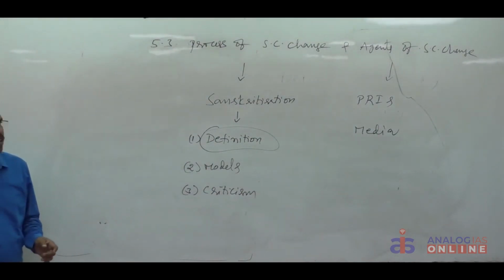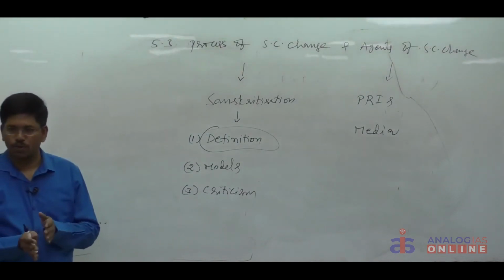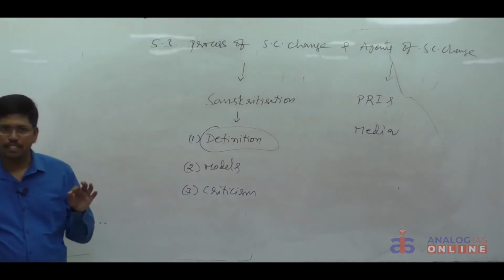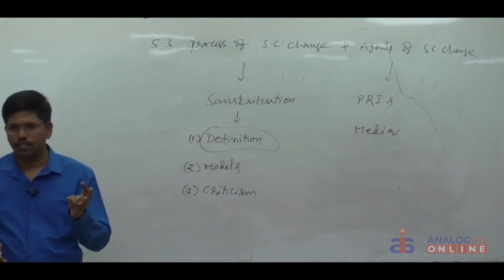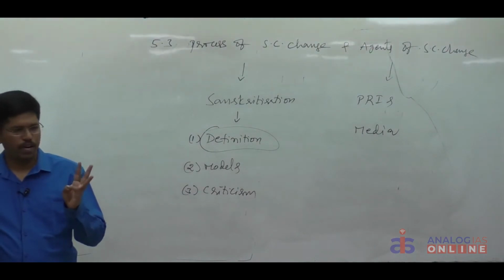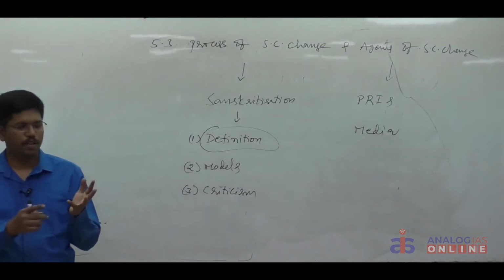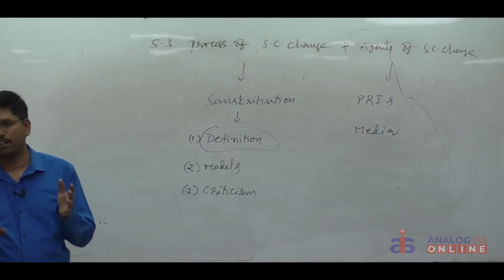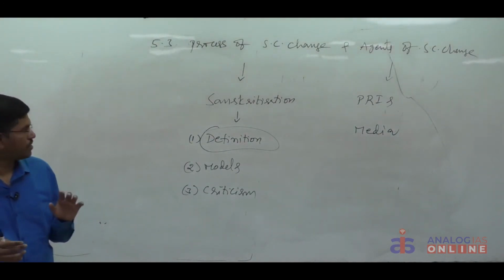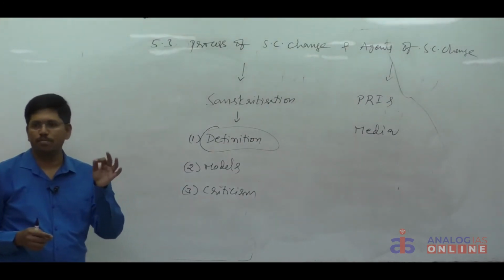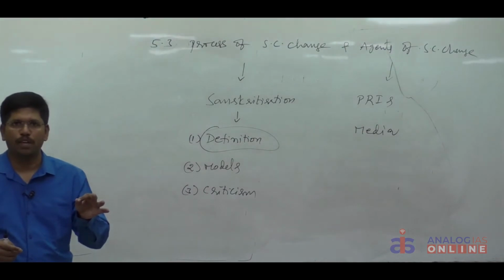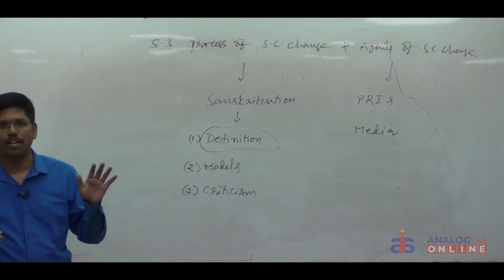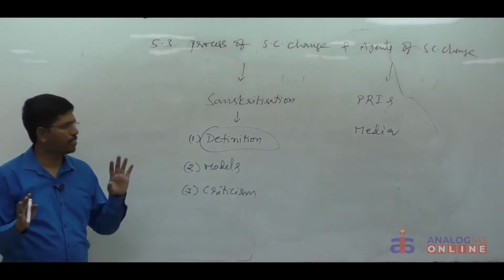M.N. Srinivas, in his book Religion and Society Among the Coorgs of South India, Social Change in Modern India, defined it like this: sanskritization is a process by which a low caste or tribe or any other group emulates the customs, rituals, ideology and way of life of higher castes, more frequently the twice born castes. That is the definition. In the examination you have to write the definition as such.